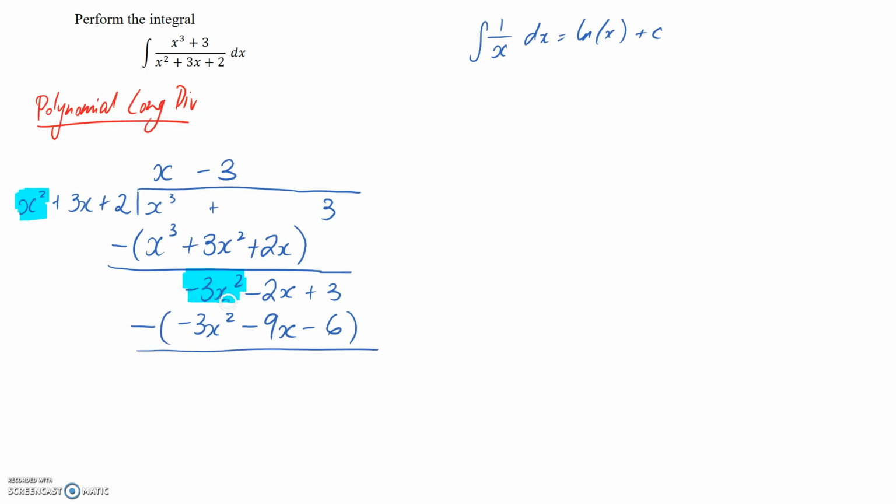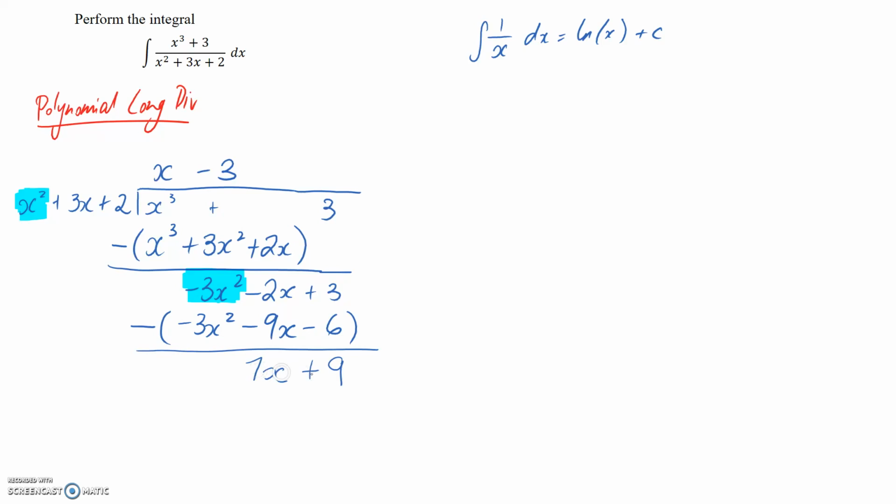Negative 3x squared, this is going to be plus 3x squared, which leaves us with 0, so I won't write anything here. We've got negative 2x, this is going to turn into a plus 9x, so that's going to leave us with 7x overall. And then we've got 3 minus negative 6, so it's a plus again, so 3 plus 6 leaves us with 9.